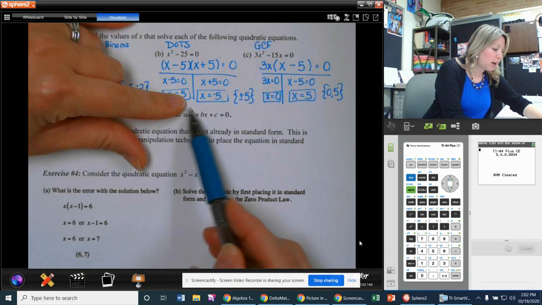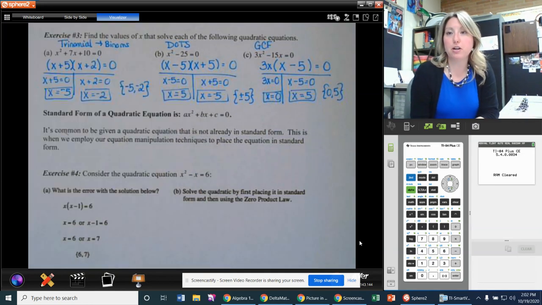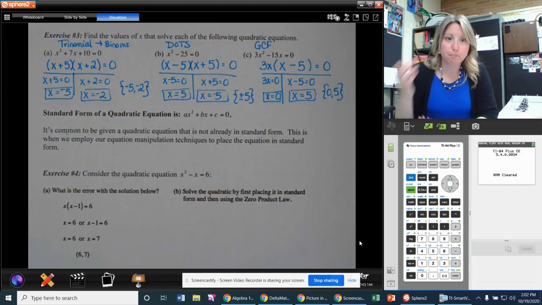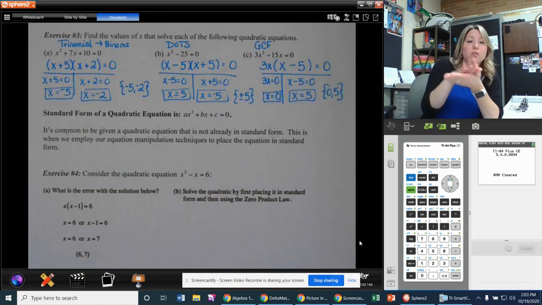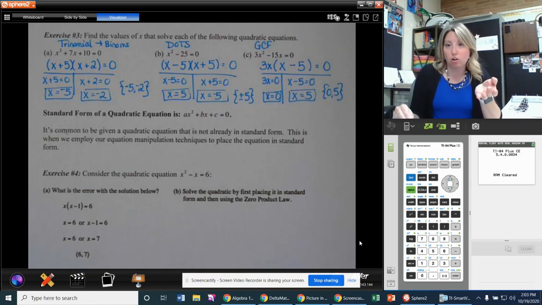You have to have this for a quadratic. And the reason we say that is because we have to have an x squared in order to have a quadratic, okay? Now, the key is that you need to have your quadratic equation in standard form, meaning the other side of the equal sign has to be 0 in order to factor and t-chart.